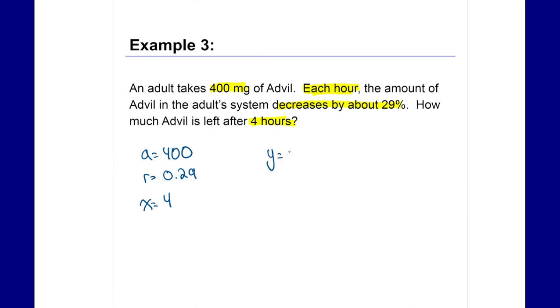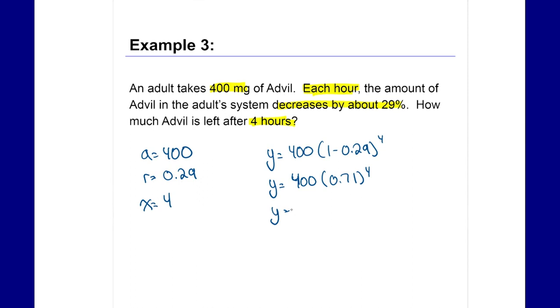So Y equals 400, or A, times 1 minus R, or 1 minus 0.29, to the power of 4. Simplify this bracket, 0.71 to the power of 4. If you want to do that calculation beforehand, you can do that as well because it's just subtracted from 1, nothing fancy.